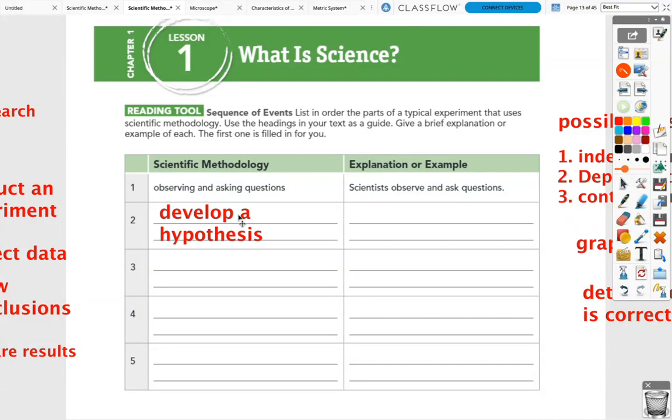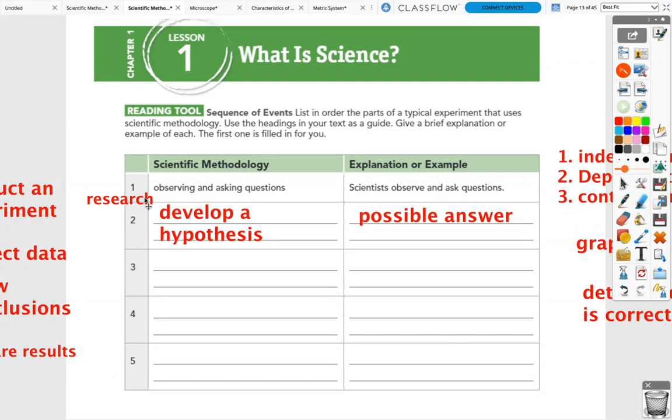Remember, we need to step away from that definition of educated guess, and we need to think of a hypothesis as being a possible answer. So you have asked a question or you have identified your problem, and you're going to develop a hypothesis. I do want to add a little word between these two steps because you probably have to do some research.